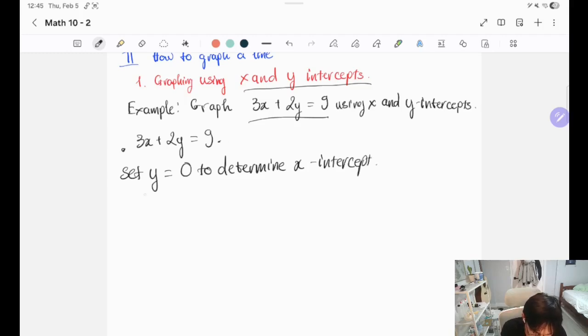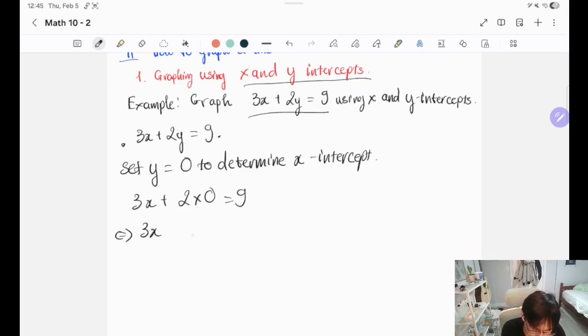So we have 3x plus 2 multiplied by 0 equals 9. Therefore 3x equals 9, because everything multiplied by 0 is 0. So x is equal to 9 divided by 3, which is 3.